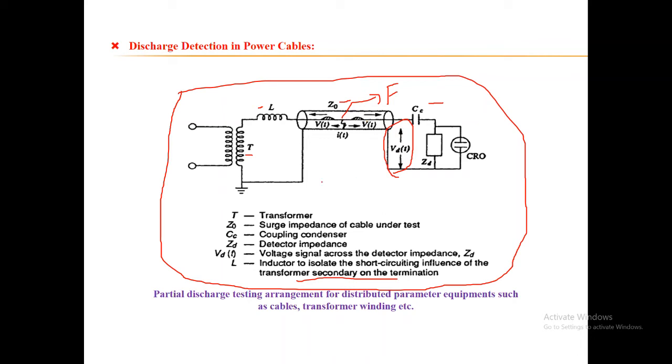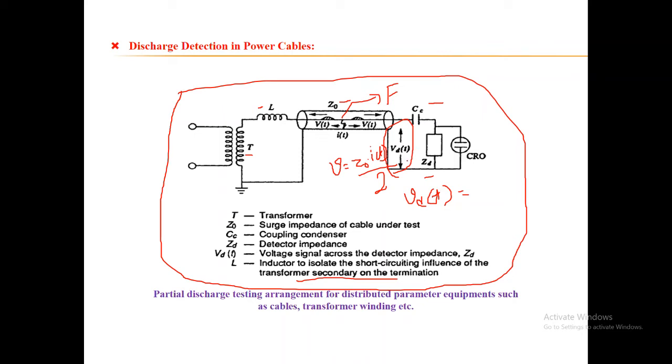Okay, so the voltage wave is given by Vi, as it is divided into two parts, Z0 into I of t by 2. So from this formula one can determine this voltage. If Cc is neglected in comparison with the detector impedance, the voltage signal across the detection impedance becomes Vd of t, for which we have to consider the potential divider rule.